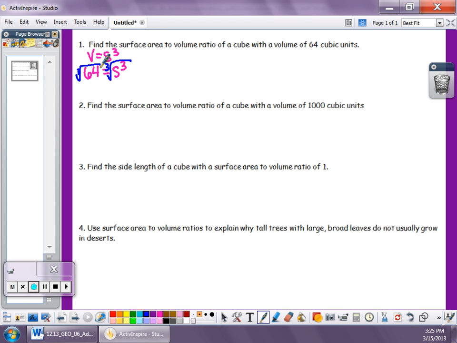To cube root 64, you have to break it down, and it breaks down to 16 times 4. 16 times 4 breaks down to 4 times 4, which is 2 times 2 times 2 times 2 times 2 times 2, which is S. So if I take the cube root of this, I'm looking for groups of 3, because it's cube root. Here's a group of 3, and here's a group of 3. So S is equal to 4.